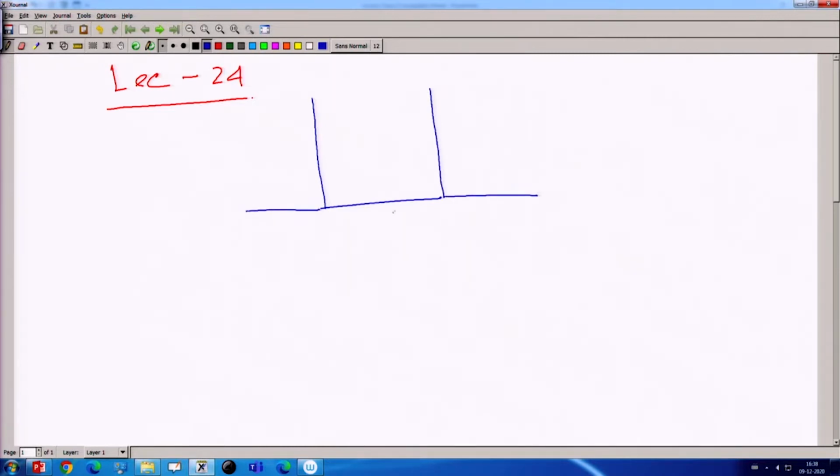This was the structure of the waveguide. Along this axis we have x, this is the origin, this is d by 2 and minus d by 2.